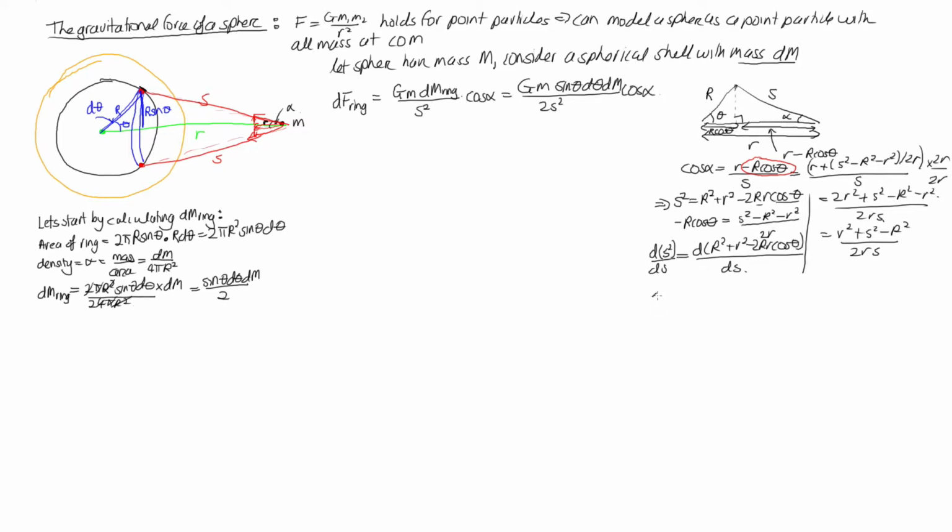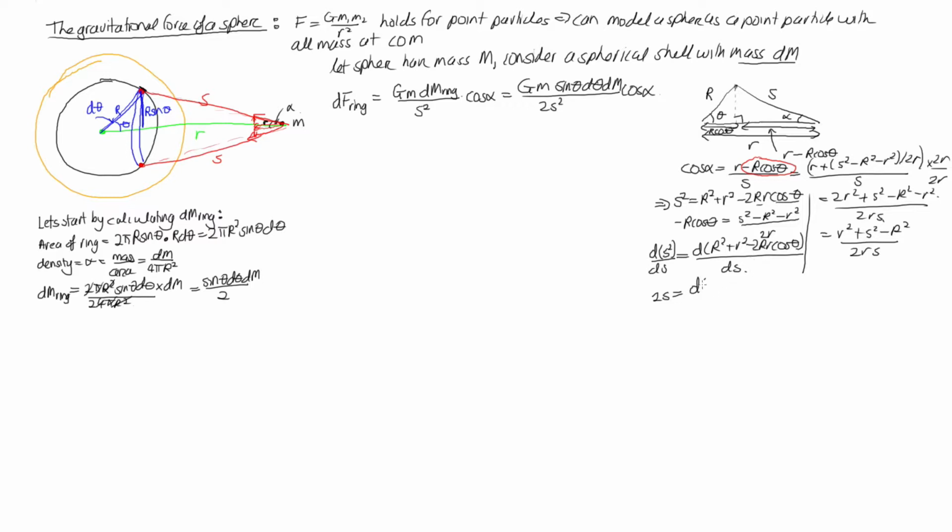And so this is 2s, which is equal to, now the radius of our spherical shell and the distance between the center of the sphere and our mass m are not dependent on s. However, theta, this angle in here, does have a dependence on s. So let's use the chain rule here.